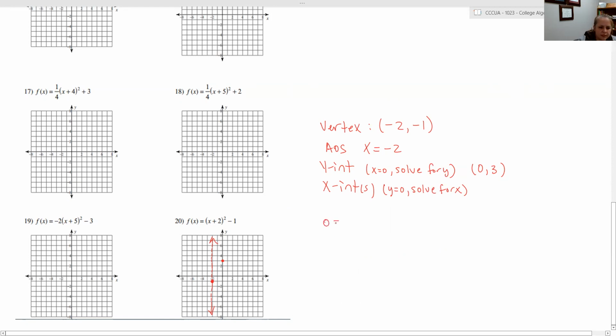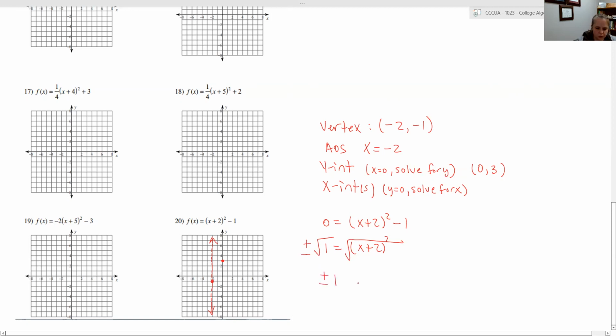So y equals 0 and solve for x. I'm going to add 1 to both sides to get that 1 equals (x plus 2) squared. To solve this, I square root both sides, and that is plus or minus the square root of 1.